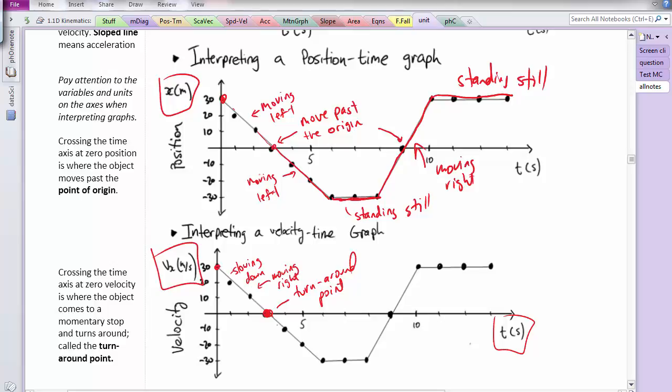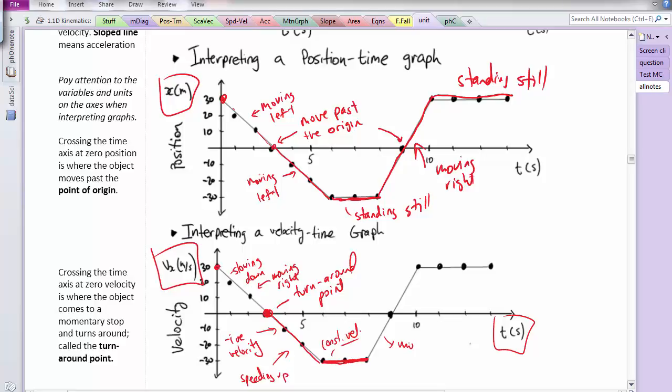Here our velocity is negative, and we are speeding up because the negative velocity is increasing in magnitude in time. Very important. Here our velocity is not changing through time, so we have constant velocity, or the acceleration is 0 in this case.